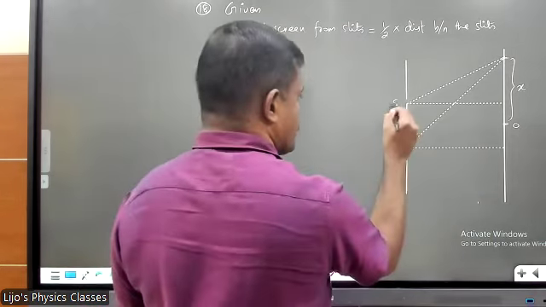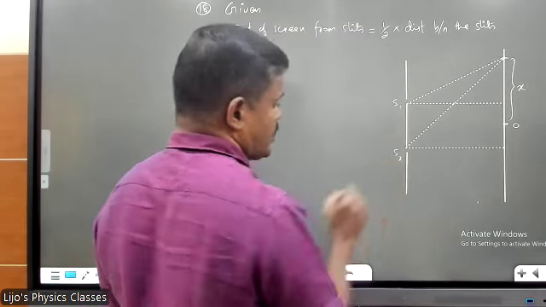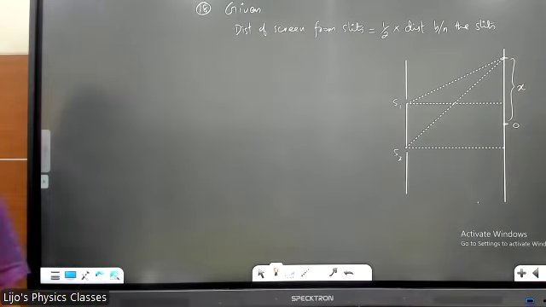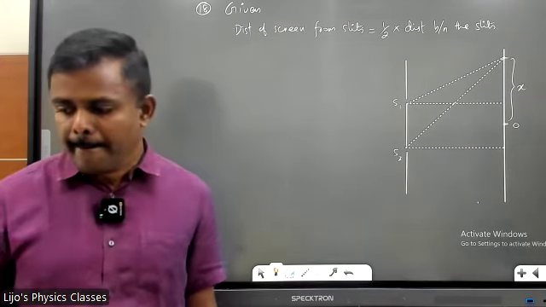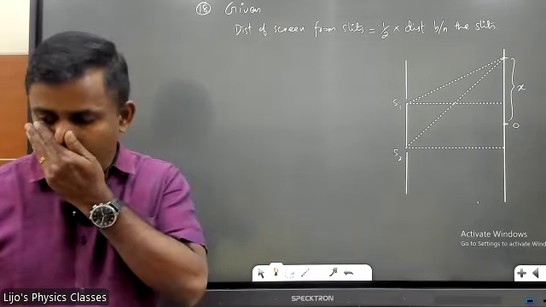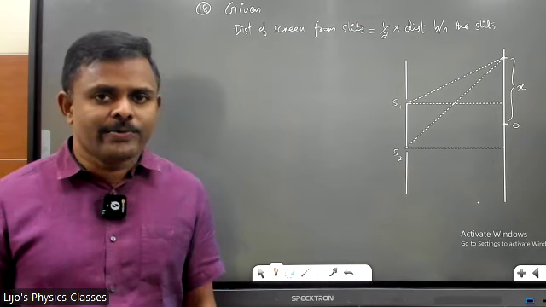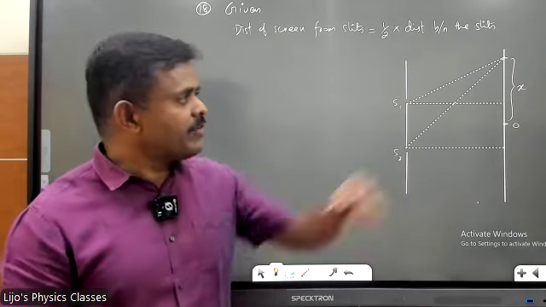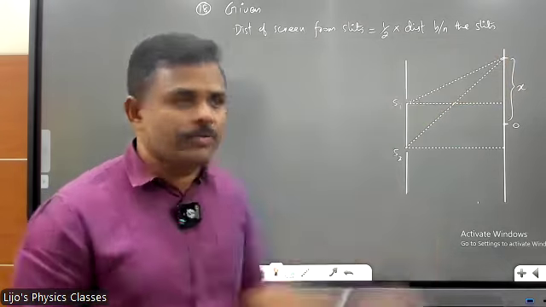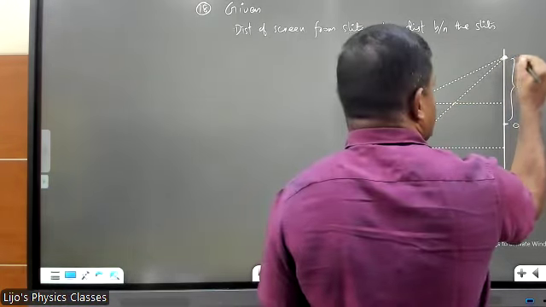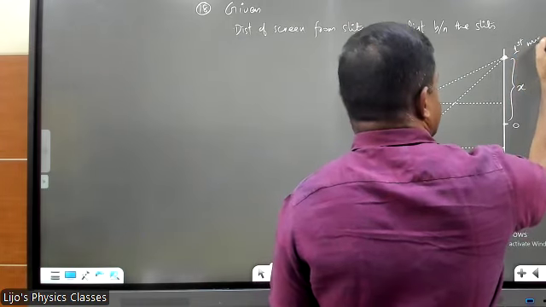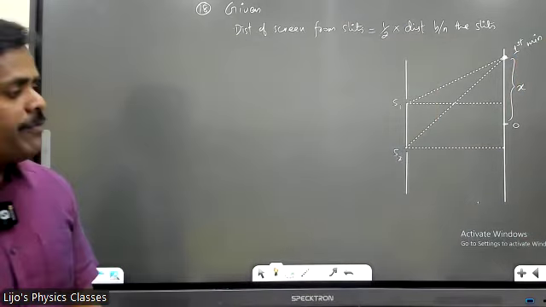I call this distance S1, this distance S2, the locations of the slits S1 and S2. In short, what the question means is to get the condition for minimum at this point. I want this point to be the first minimum.